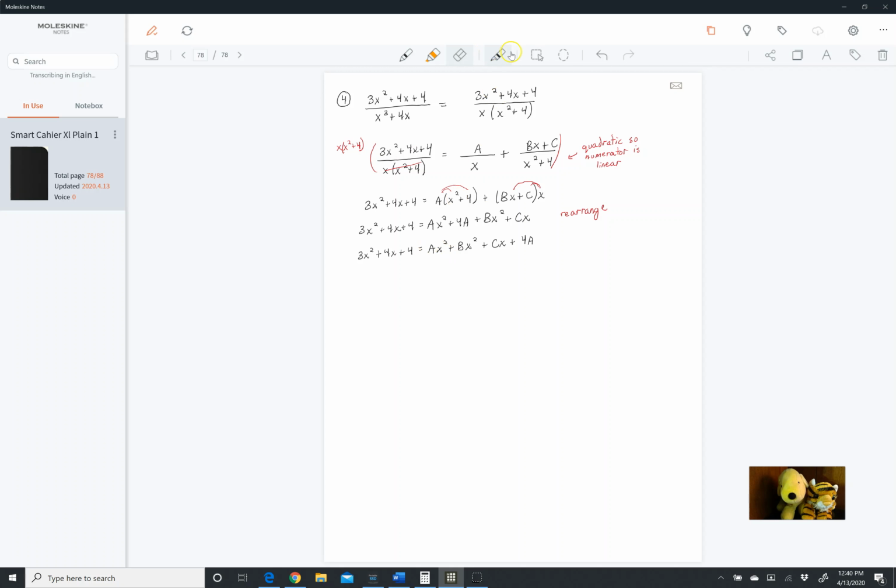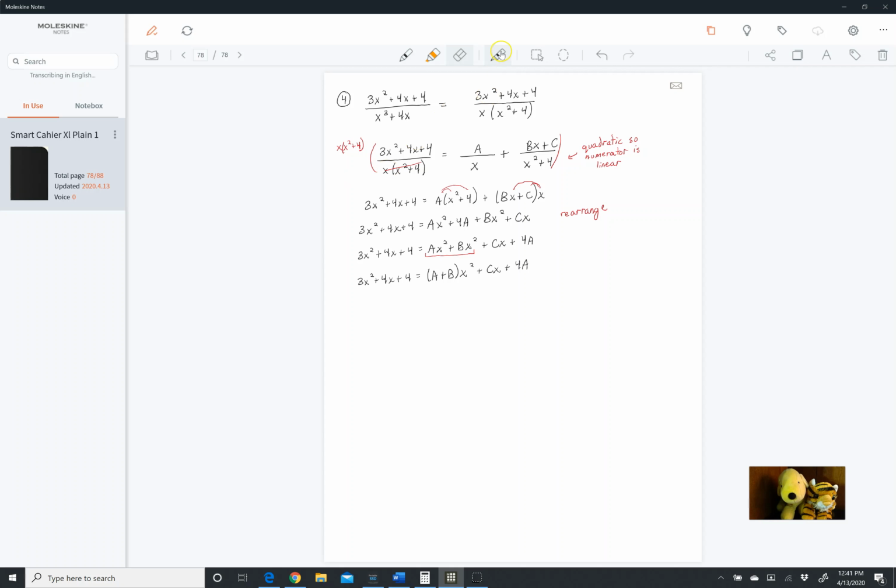So the only thing that we have to do is factor out the x squared from these first two terms, because we already have just a cx and just a 4a. There are no other x's, so we don't have to factor out an x anymore. So that's going to give us 3x squared plus 4x plus 4 is equal to a plus b times x squared plus cx plus 4a.